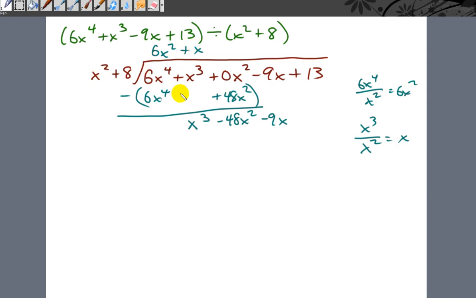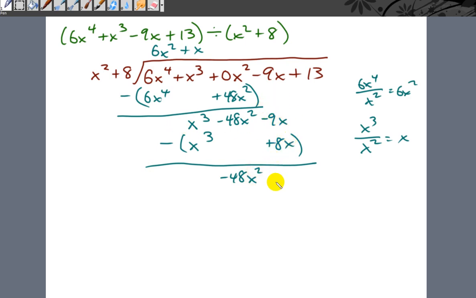And then when we multiply this through, we get x cubed and we get positive 8x. So we subtract now, and when we distribute, as you can see here, this cancels, and now we get negative 48x squared. And then this is going to be negative 17x. Then we're going to bring this down, and we have a positive 13.